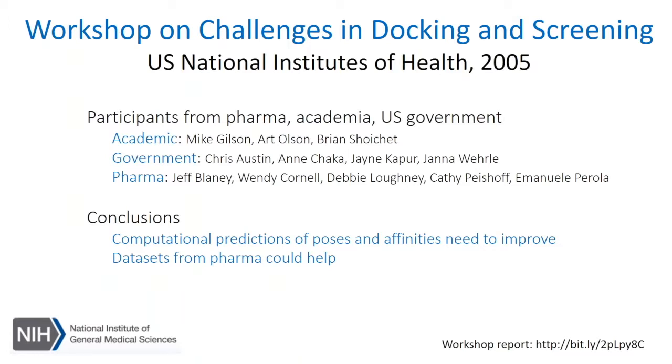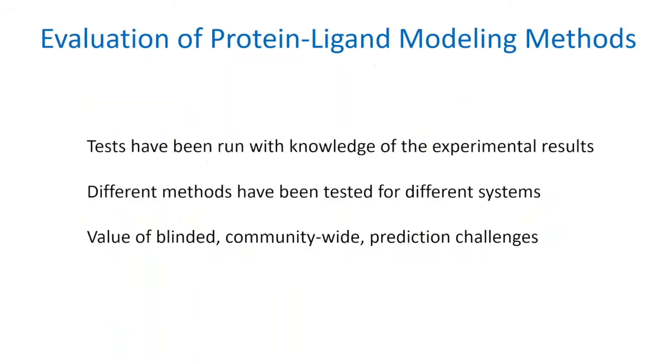In addition, the data sets really came to the fore as something that needed to be organized in some fashion, and where data sets in particular from the pharmaceutical industry could really help. In the evaluation of protein ligand modeling methods, what happens in the field is that when you're developing the methods, generally you have prior knowledge of experimental results.